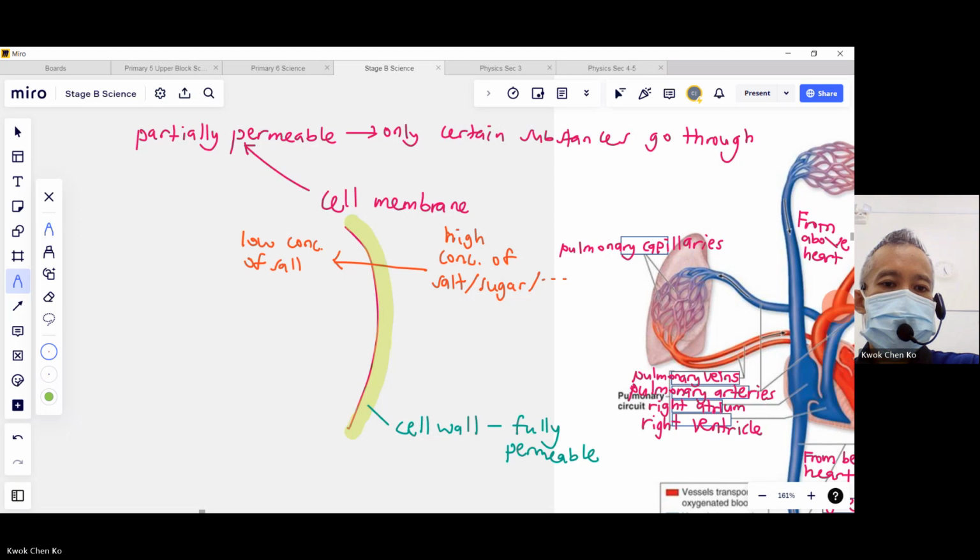After that, what will your first step be? Guess what? Your substance is going to move from high to low, into the cell. And this process is called diffusion. Okay, the keyword is high to low.